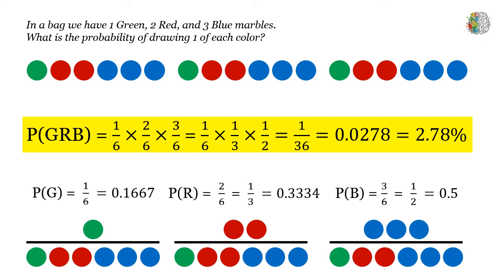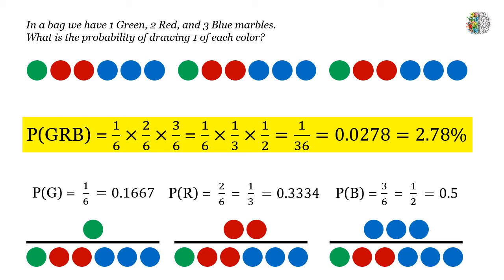Now once again, because these are independent trials, I could put these in any order and I'm still going to get the same results. So we have calculated the probability of drawing a green and then a red and then a blue. Well, I can put that in a different order.